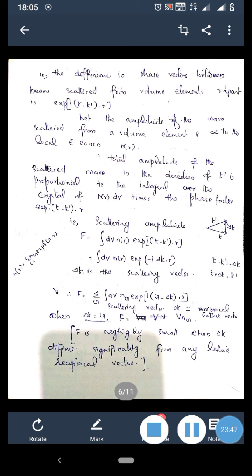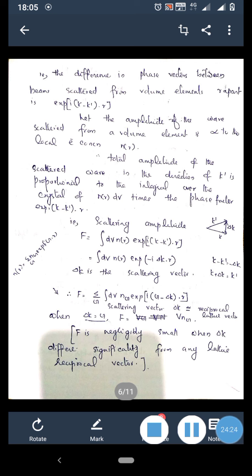The scattering vector delta k is approximately equal to the reciprocal lattice vector. When delta k is equal to G, that means the scattering vector is approximately equal to the reciprocal lattice vector, we will get F equal to the sum of n_G times the total volume V. That is, F is negligibly small when delta k differs significantly from any reciprocal lattice vector.